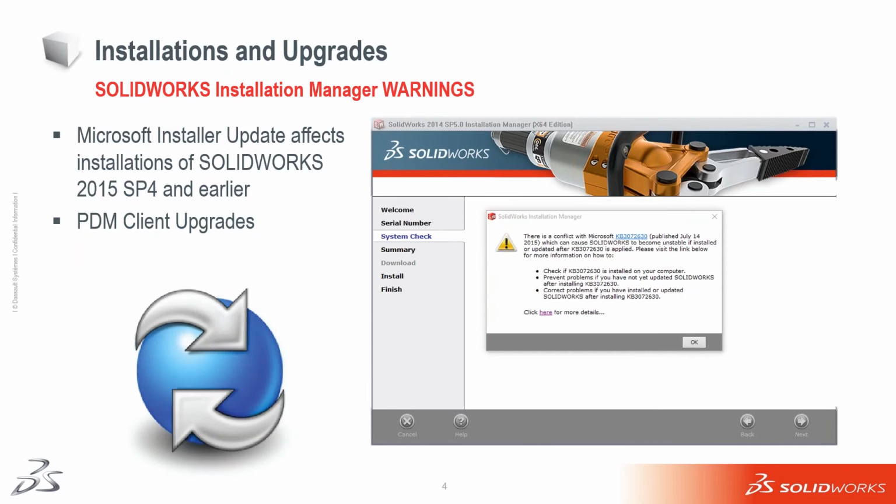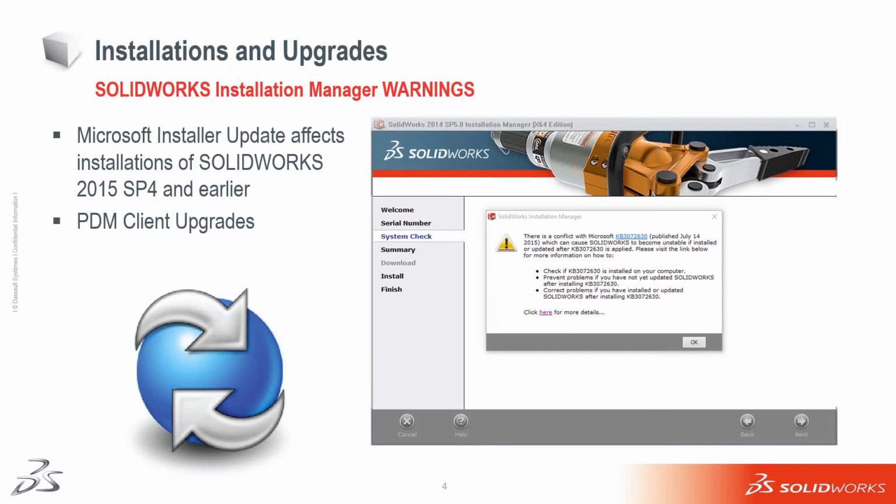They have included it in the main SOLIDWORKS Installation Manager, and so if you have a seat of SOLIDWORKS on a client with a PDM client installed, when you go to upgrade SOLIDWORKS to a newer service pack, say you're going from 2016 SP1 to the latest service pack, SP4, you want to make sure that your PDM client stays on the same version and service pack that the PDM server is on.